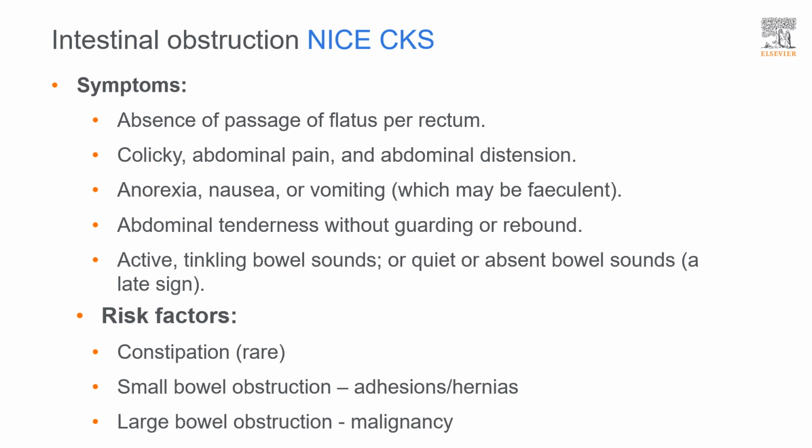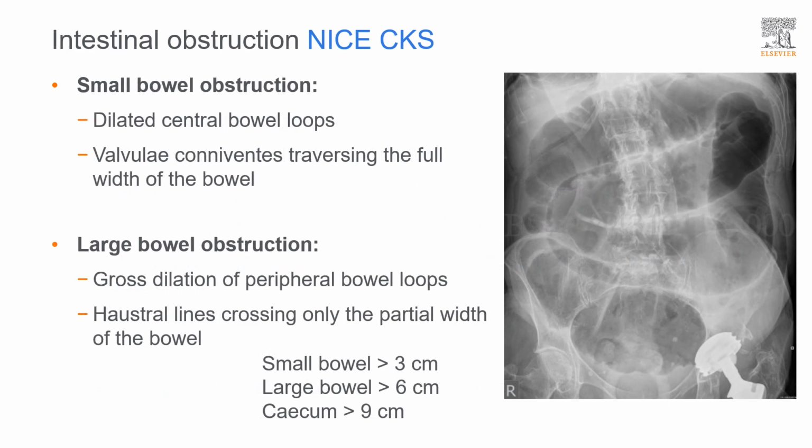Risk factors include constipation, although this rarely results in complete obstruction. Small bowel obstruction typically relates to adhesions or hernias, and large bowel obstruction most commonly relates to malignancy. Imaging findings can help us differentiate between the location of the lesion in the small bowel or the large bowel.